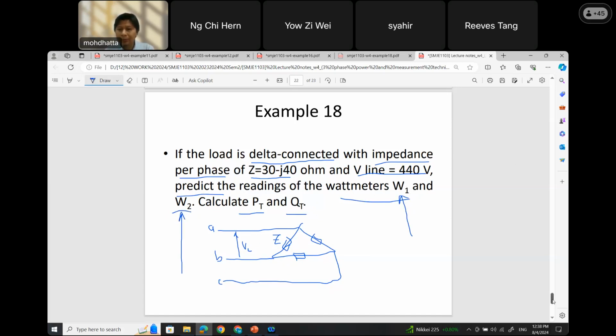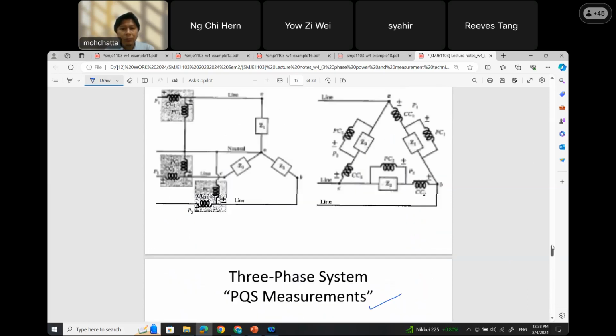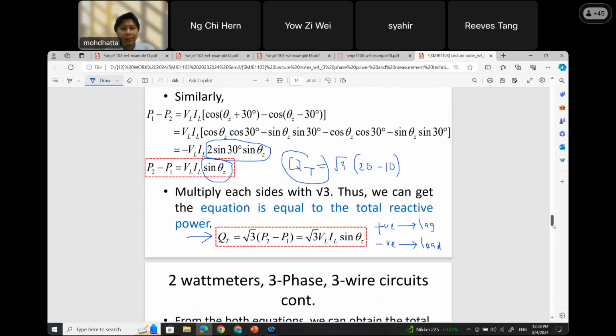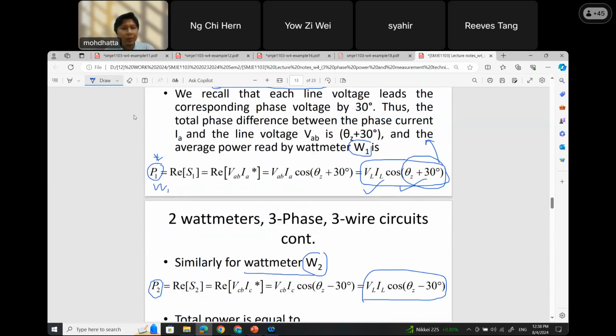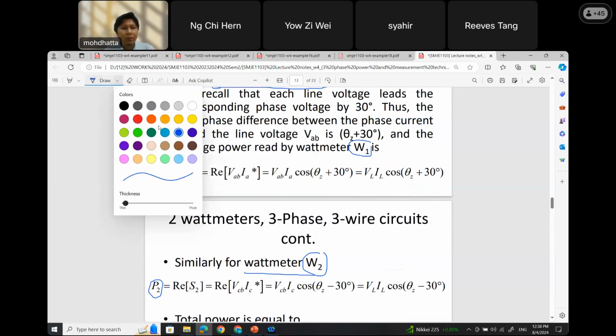Remember, in my slide over here, I did mention that these two equations are very important. I drew it using maybe slightly different color.